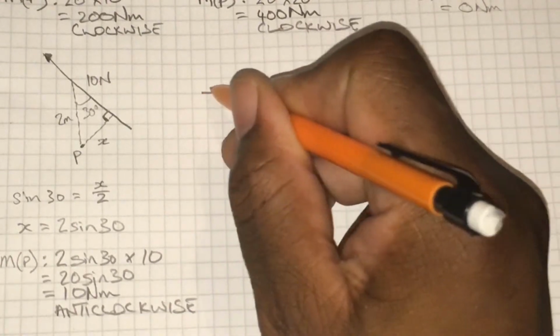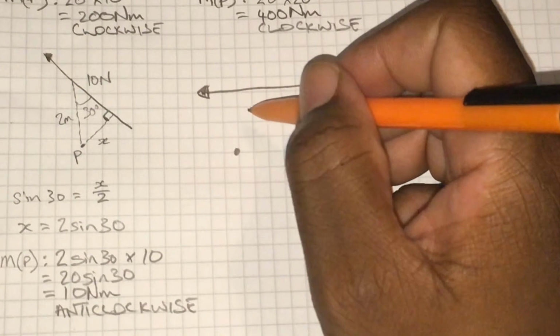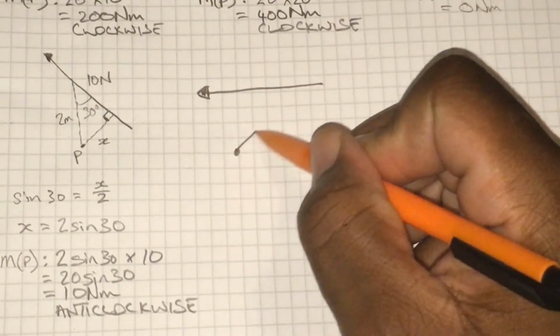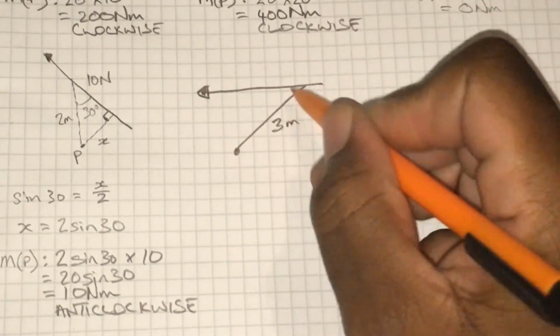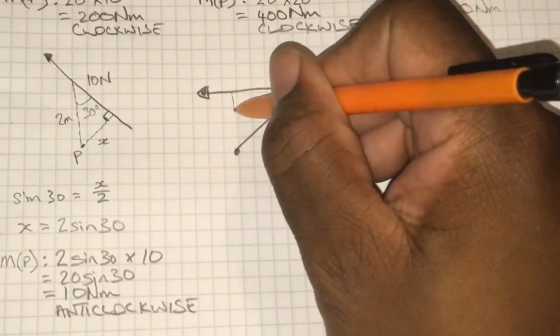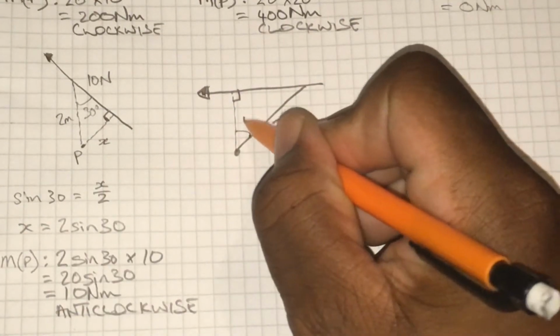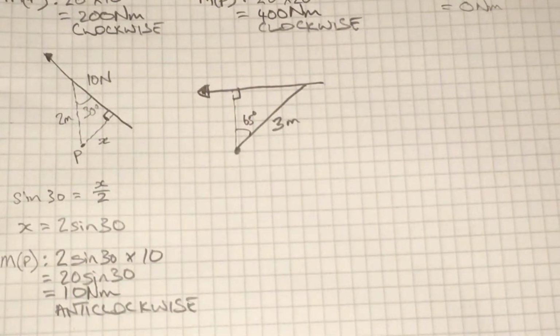Okay, so let's look at one more case where the distance that we know is not perpendicular. So this diagonal distance is 3 meters. I'll put the angle over here this time. Let's make the angle 65 degrees.